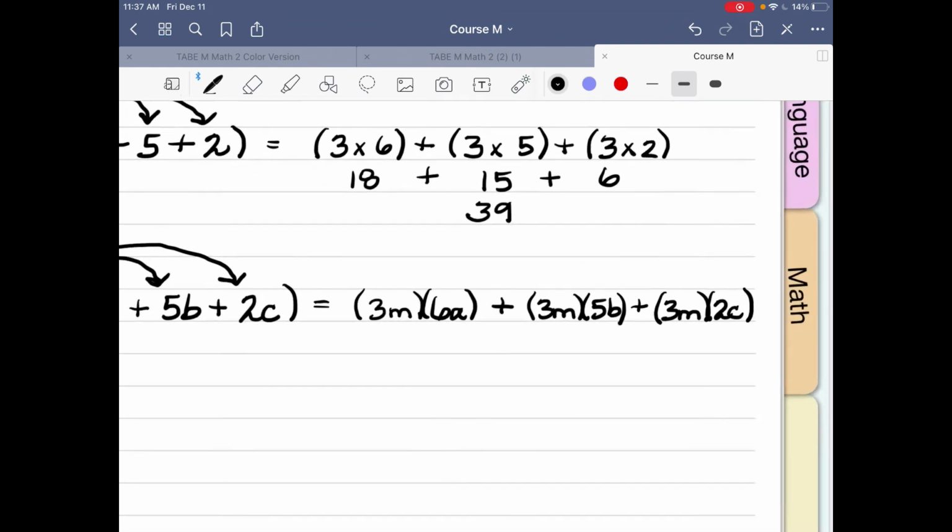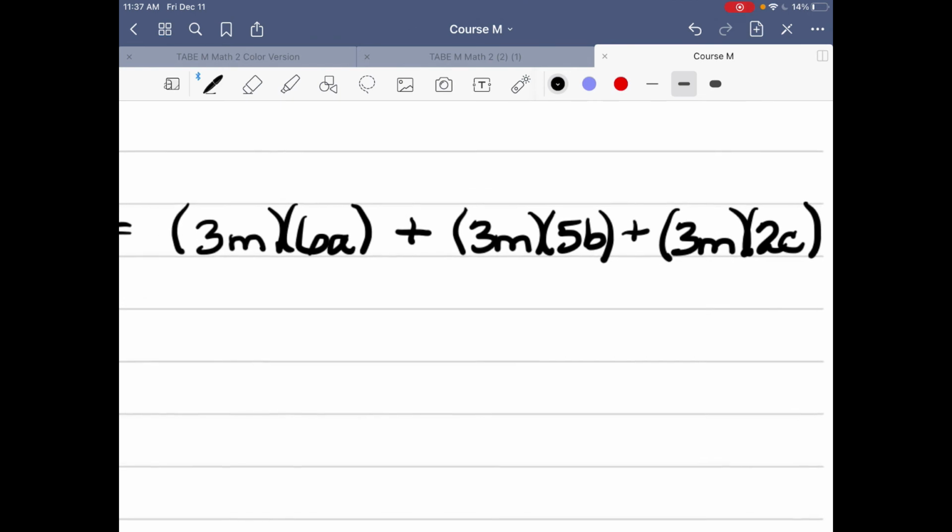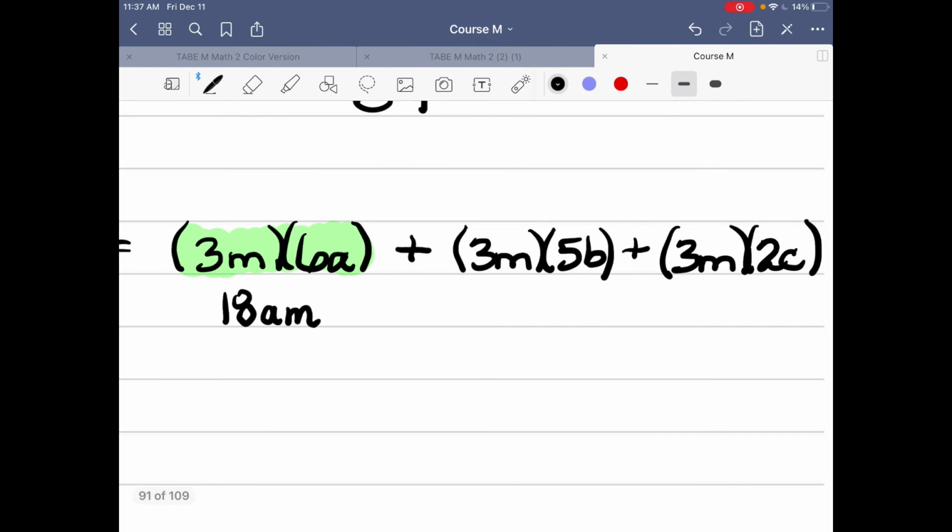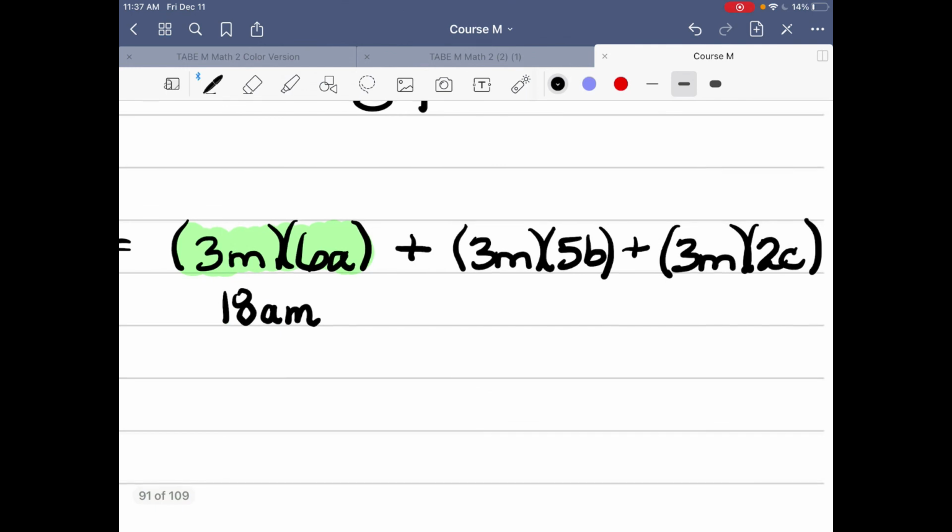But now we have to simplify. So let me zoom in here and I'll show you how to do this. It's not as bad as it looks. Let's do this one first. 3m times 6a. 3 times 6 is 18, and I have an a and an m. We actually have an m and an a, but you need to put those in alphabetical order. So you multiply your coefficients. 3 times 6 is 18am.